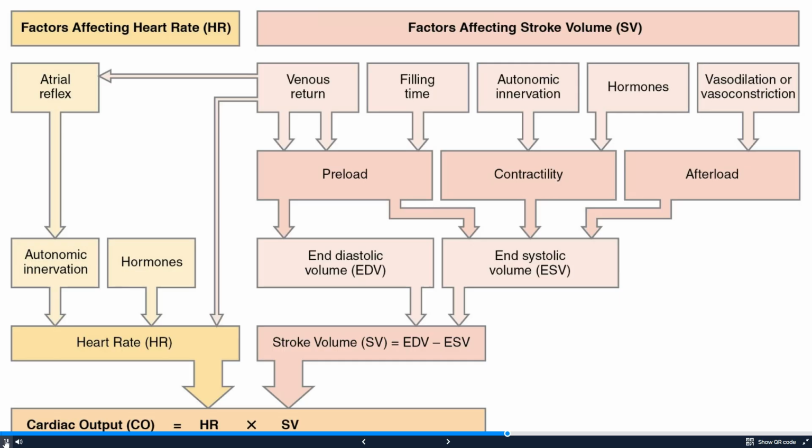Heart rate is really just affected by autonomic innervation or hormones, again, which we just saw for contractility, although the autonomic innervation here includes more of the parasympathetic input to keep heart rate low for the resting level. The atrial reflex is really something tied into venous return. As the atrial wall stretches, it's going to, through a short reflex, do something to the autonomic control of heart rate, trying to keep the blood from filling up the atrium too much.